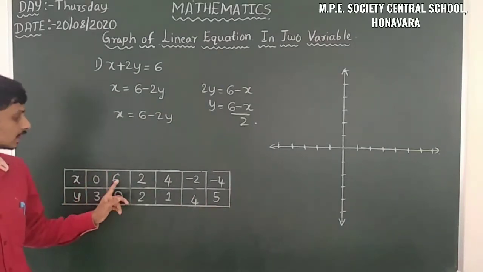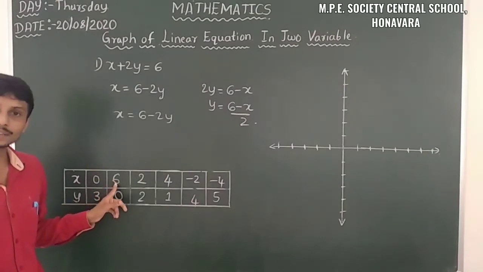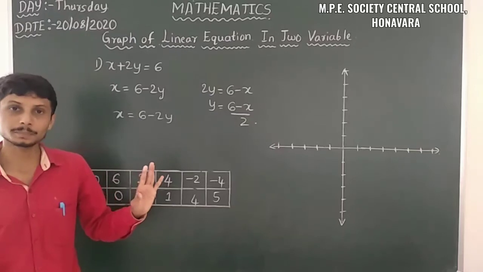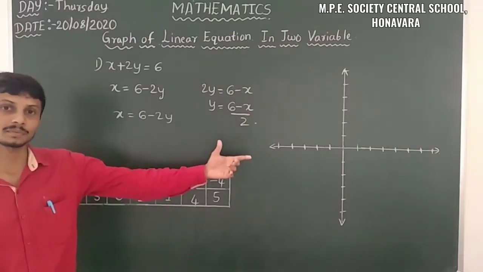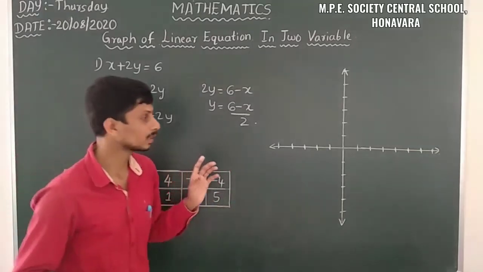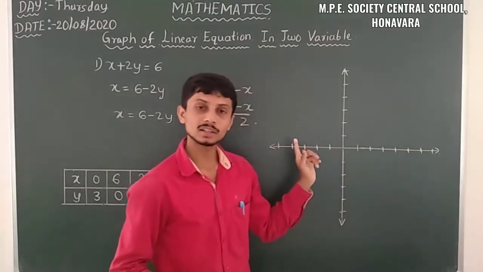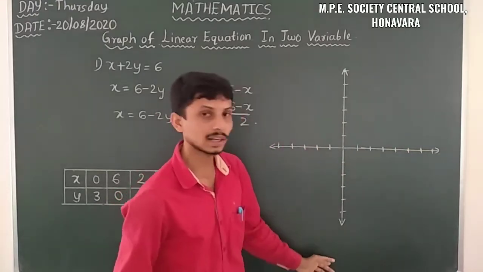So here 0 is there, 6, 2, 4. That means the higher value of x is 6 here, and the minus part is minus 4 here. So we have to take these values in the coordinate system. Higher value 6 is there, lower value minus 4 is there. So I will start. This is the x-axis. Already you know that the horizontal line represents the x-axis, the vertical line represents the y-axis.